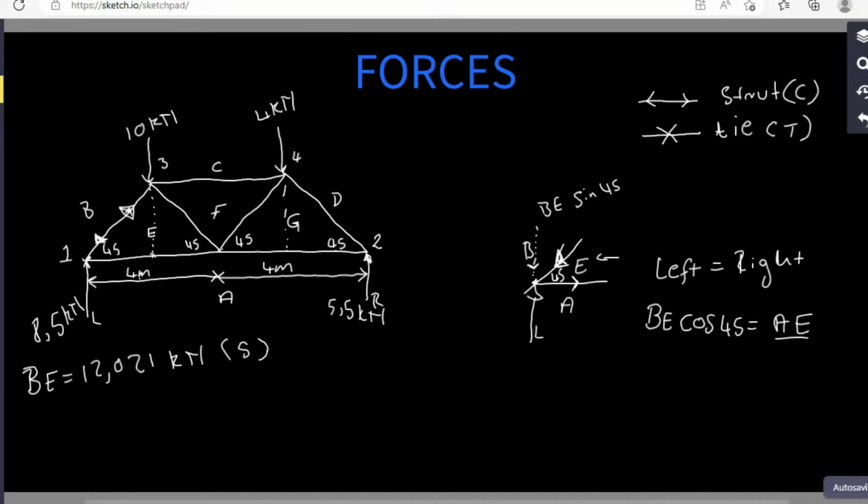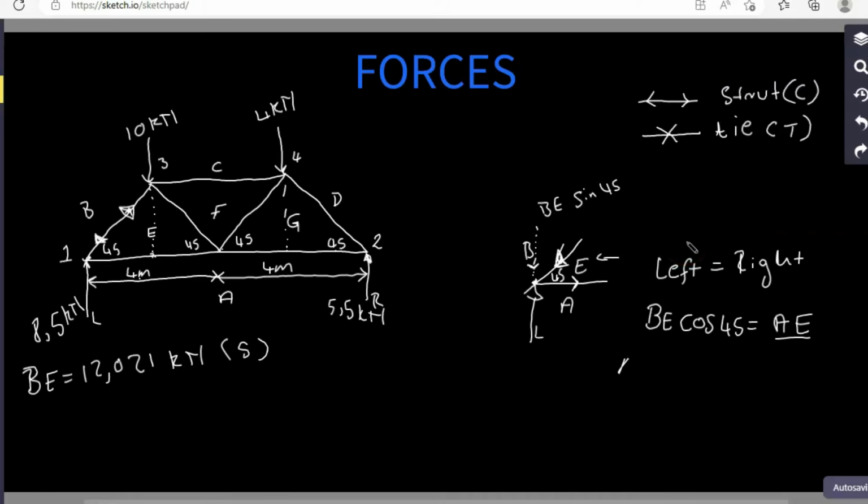I'm looking for this. I have the value of BE. So our AE is equal to 2.021 cos 45.